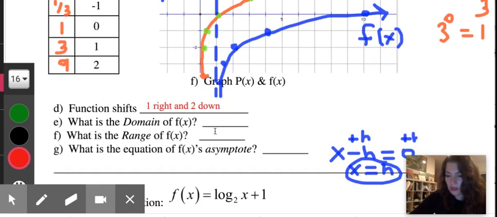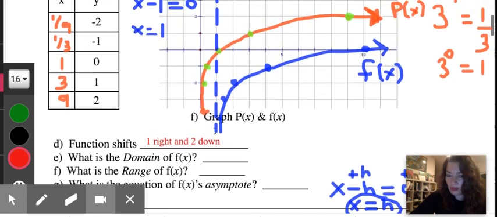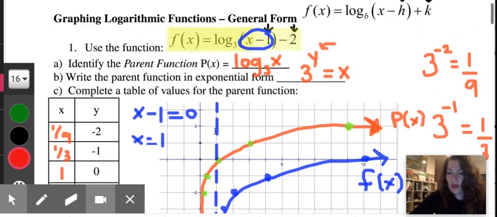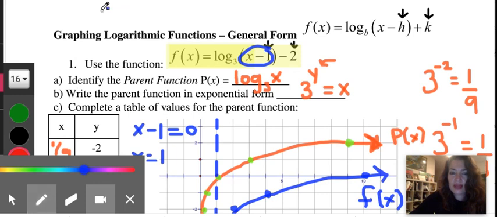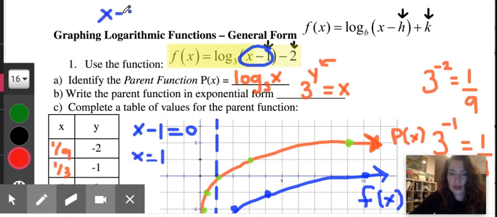Okay? Now, answering the questions, what is the domain of f of x? Well, remember, domain is always the x values, and we can look at the graph or we can look at the equation. So remember, I said that this whole value here, x minus 1, cannot be negative, nor can it be 0. So if we wrote that x minus 1 has to be greater than 0, because greater than 0 just means positive, and of course it can't equal 0 either, so this is why I have a greater than symbol.